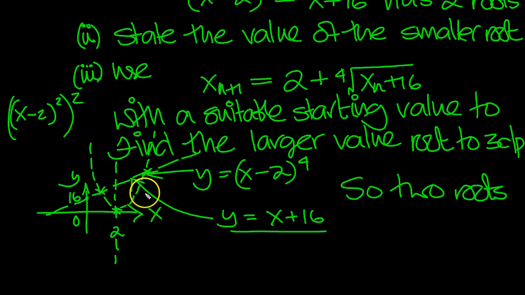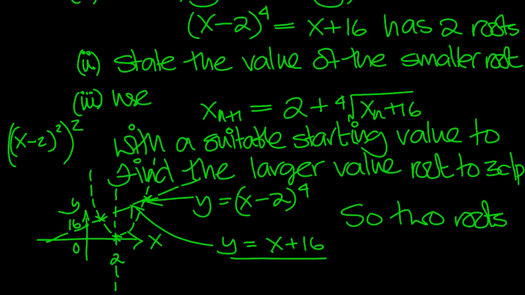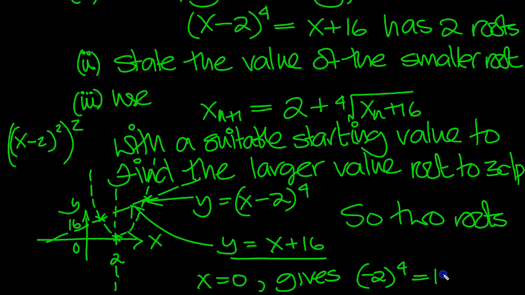State the value of the smaller root. So this value here, what would it be? It looks like it's going to be between 2 and 0. It's not going to be 0, although when x = 0, (0 − 2)^4 is 16.